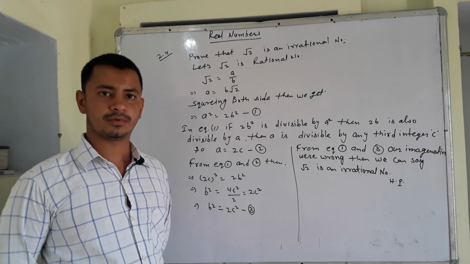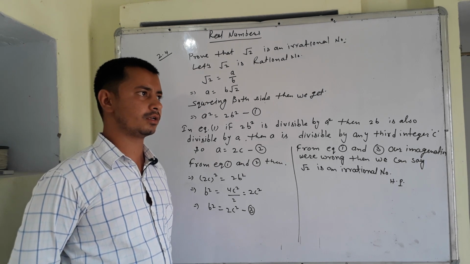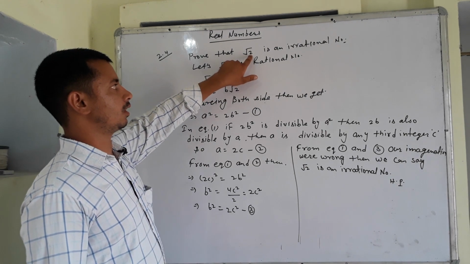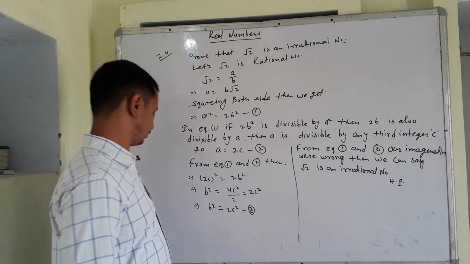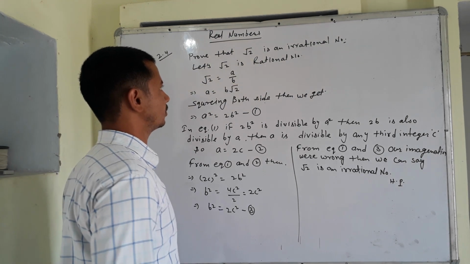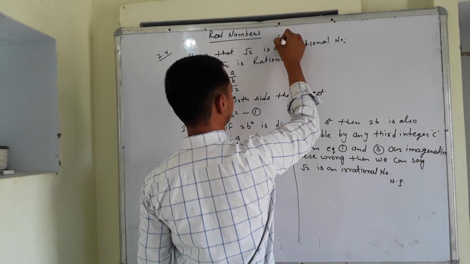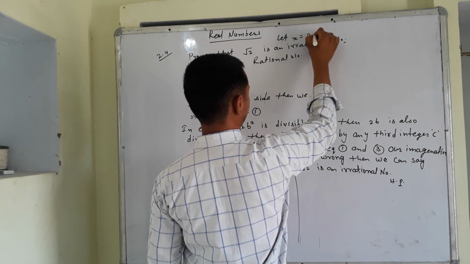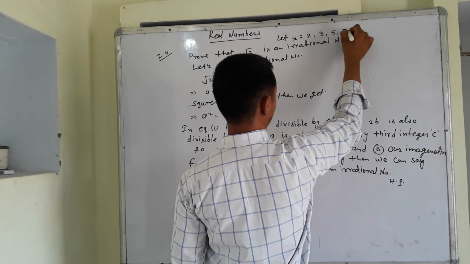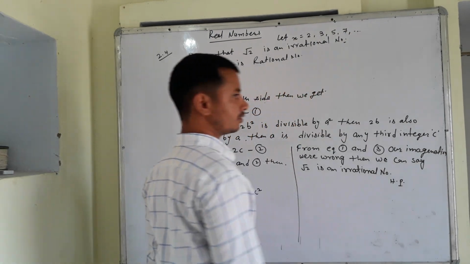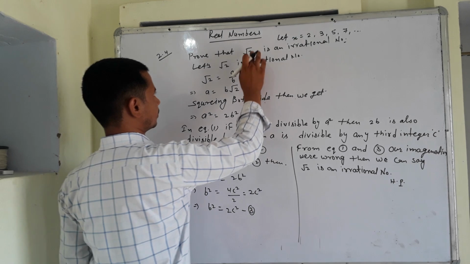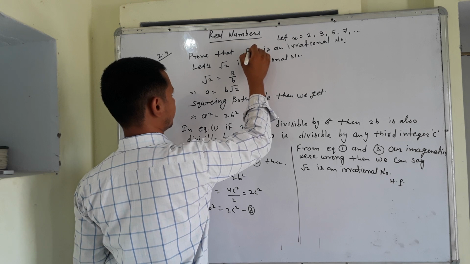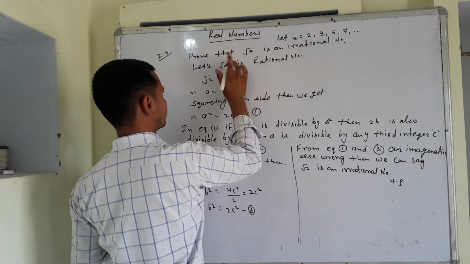For theorem 2.5 and 2.6, we can put a value at the place of x, then let x equal 2, 3, 5, 7 and any prime numbers. So put the value of x at the place of x.